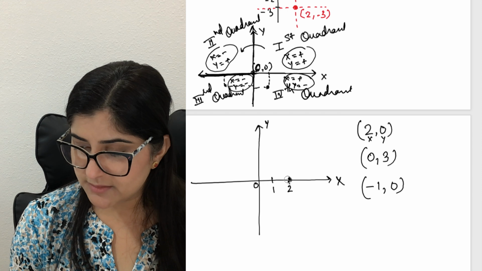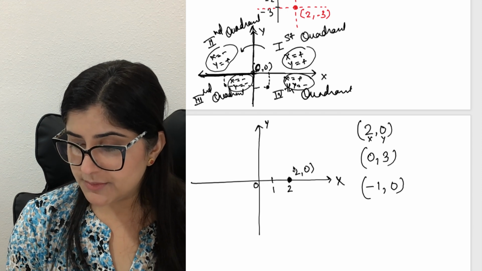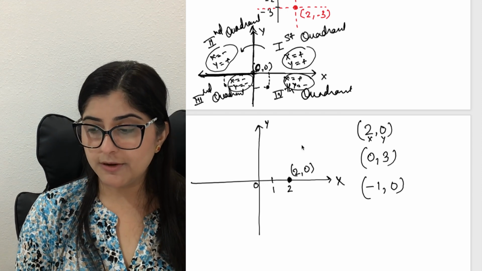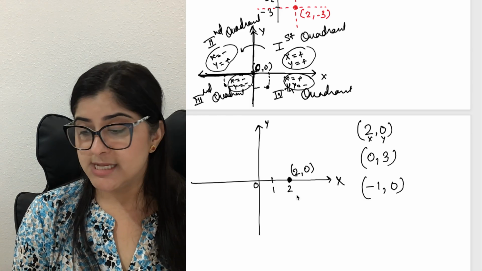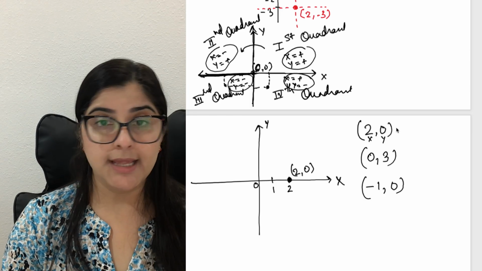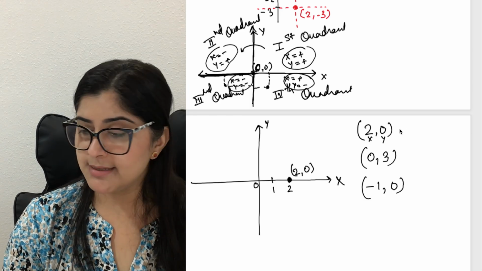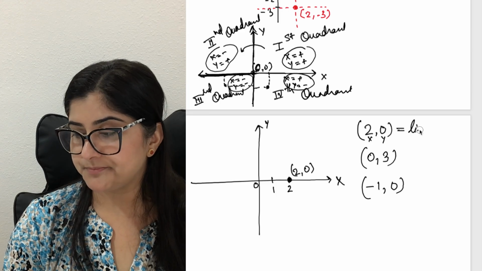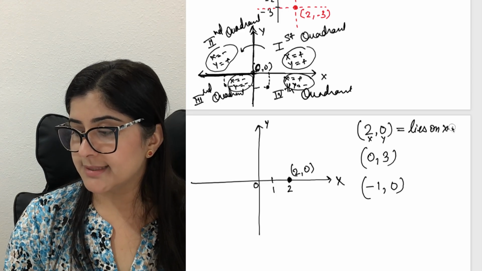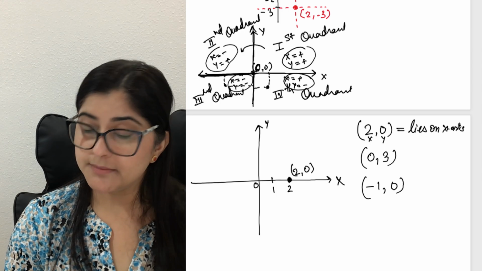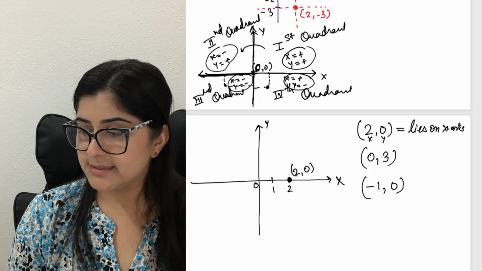So this will be this point, 2, 0. This point is on the boundary of the first and fourth quadrants, so this point doesn't lie in any quadrant. It lies on the x-axis. You can say positive x-axis or just x-axis.